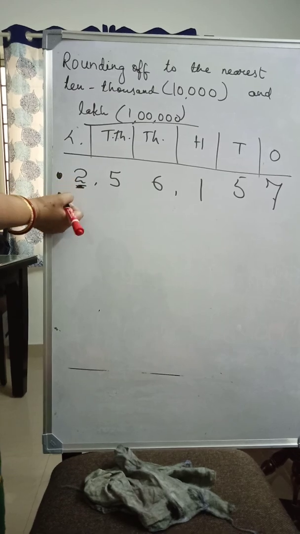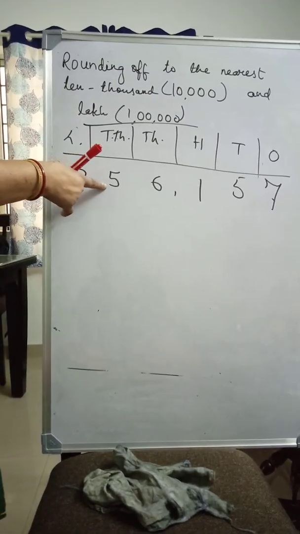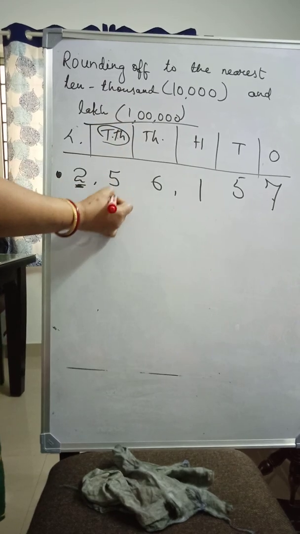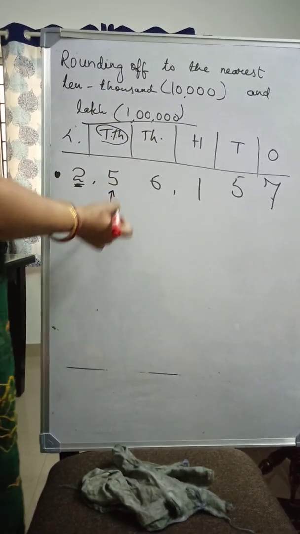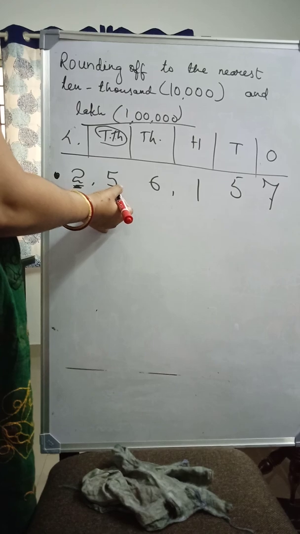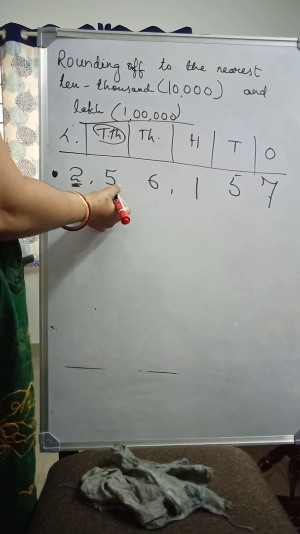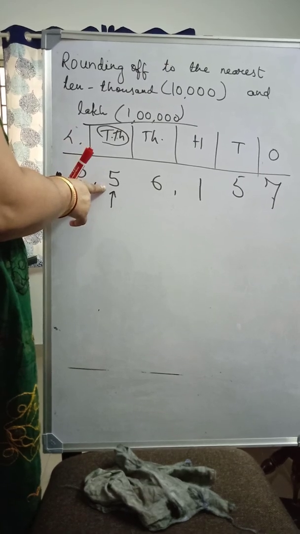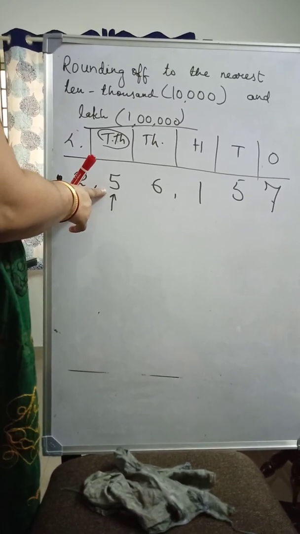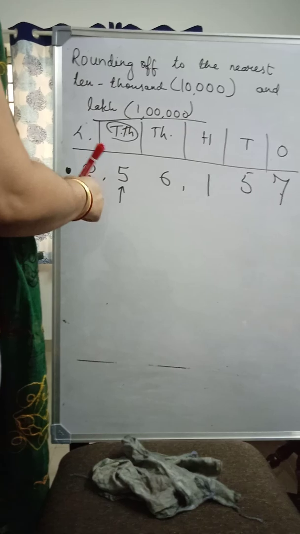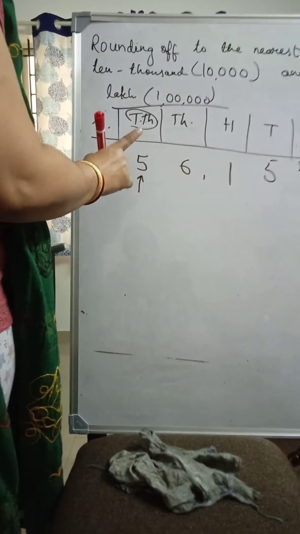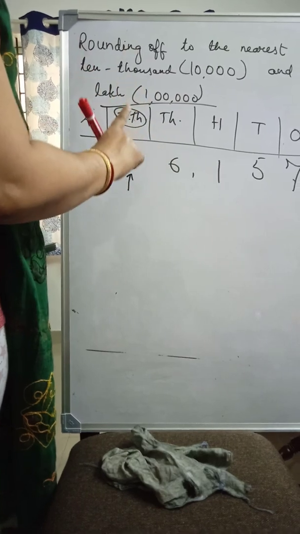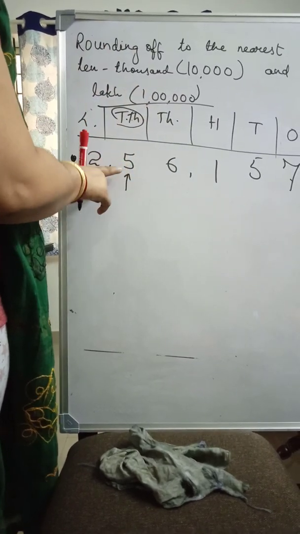So in order to round off the digit at the lakh place, this one, 2, always look at the 10,000 place. The digit at the 10,000 place here is 5. So when the digit at the 10,000 place is 5, then we round off this given number to the nearest multiple of 1 lakh, which is more than the given number.